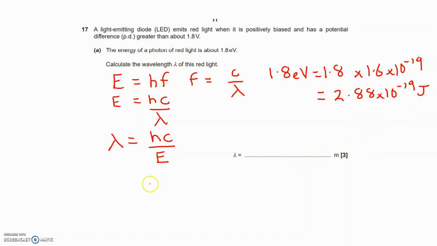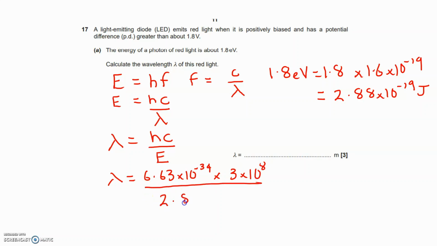So we've now got the energy of the photon, and we'll put that into the equation: Planck's constant from the data book, the speed of light in a vacuum from the data book, and the energy, which we've just calculated, 2.88 times 10 to the minus 19.